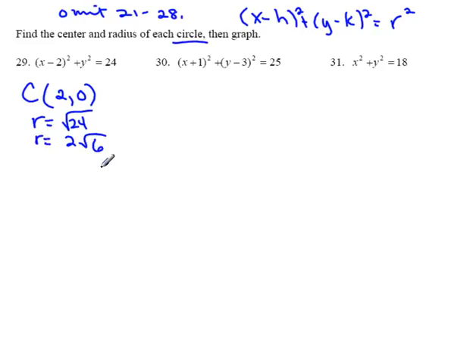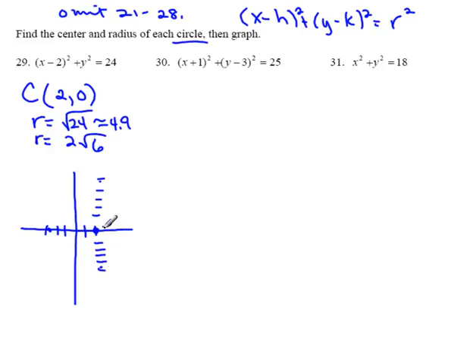And then of course, in order to graph it, you need to know its approximate value, and it's about 4.9. So we're going to start at the point 2, 0. And then you'll move up almost 5, left almost 5, down almost 5, and right almost 5. And then try to draw the circle as best you can. It doesn't need to be perfect, but it certainly shouldn't have any corners.